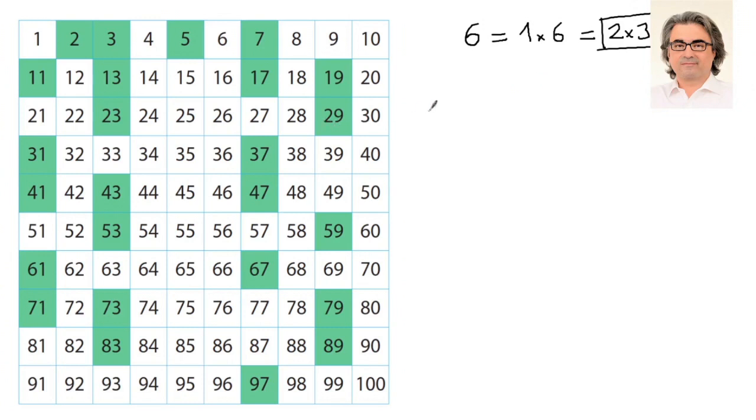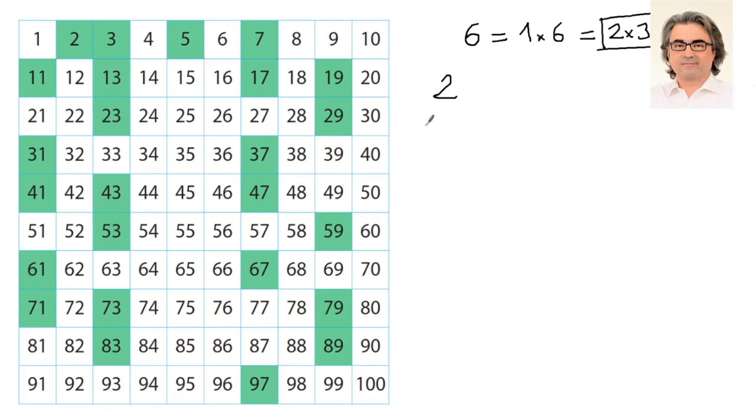Now, I'll find all composite numbers. As you see in the example here, a composite number is the multiplication of prime numbers. So, if I start from the smallest prime number, what can I tell you? 2 is the smallest prime number.